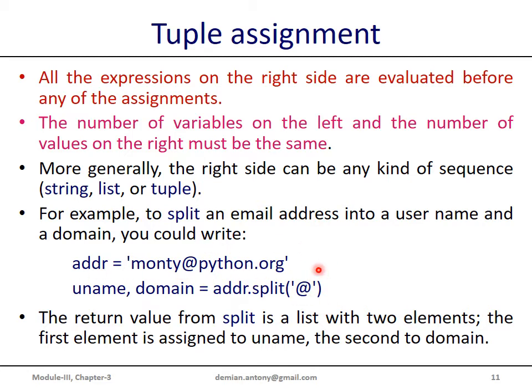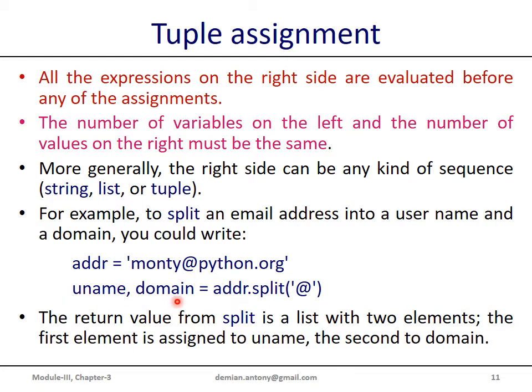Let's take the email address as monty@python.org, and with one statement of tuple multiple variable assignment with the split operation, I can assign the username to one variable and the domain name to another variable.